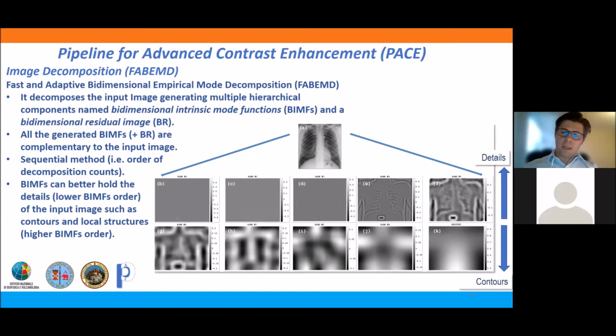While moving on, higher order components bring the contours of the image and also the local structure. And then at the end, the residual of the image provides information about the bright areas of the image, and is very useful to mitigate the occurrence of artifact effects.